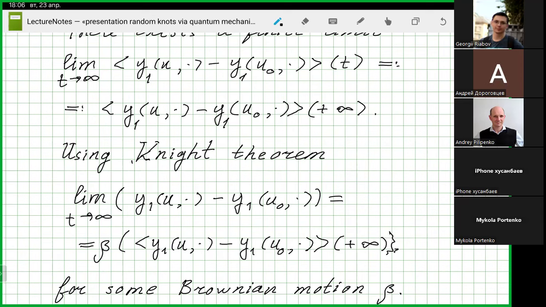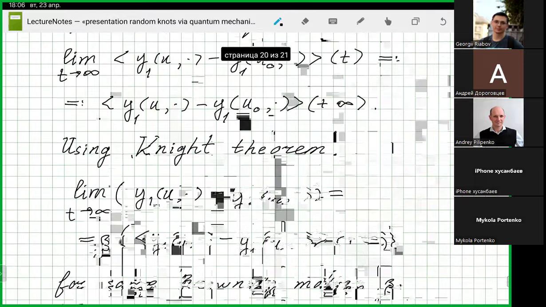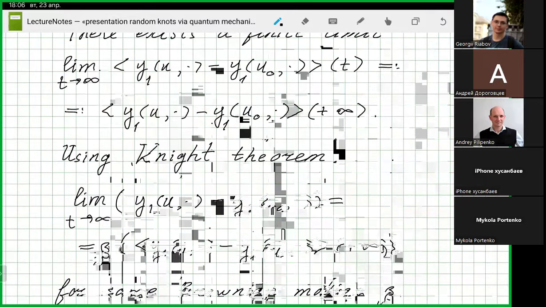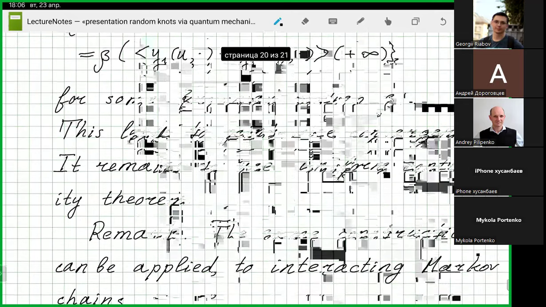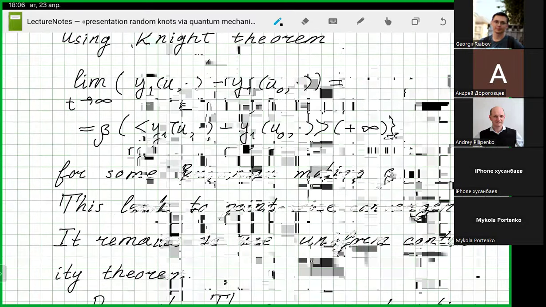Now we have a folding effect. Moreover, our knot freezes finally and moves like a solid body in the space. Of course, it moves because every particle, as we have seen, moves like Brownian motion. But now they freeze and begin to move parallel. So this is just about finishing the proof.